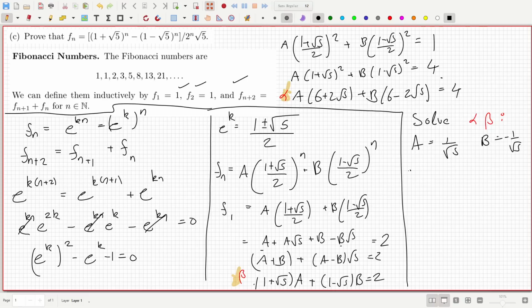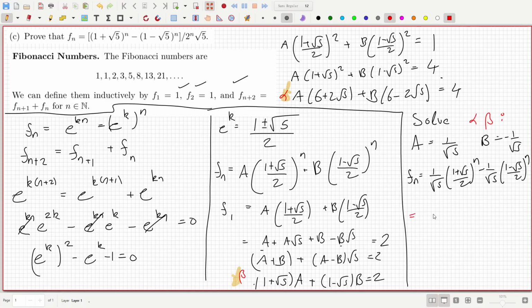Okay, so I'll have F of n is 1 over root 5 times 1 plus root 5 over 2 power n, minus 1 over root 5 times 1 minus root 5 over 2 power n. So cleaning that up a little bit, there's a 2 power n and a root 5 in common.